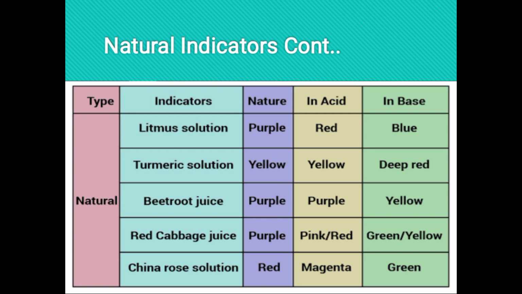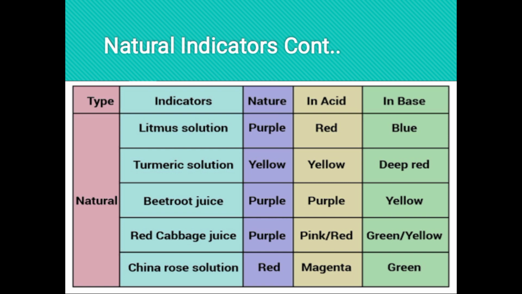Turmeric solution, which is yellow in color, maintains its yellow color in acidic media and gives a deep red color in basic solution. The beetroot juice, which is purple, maintains its purple color in acidic solutions and gives a yellow color in basic media.